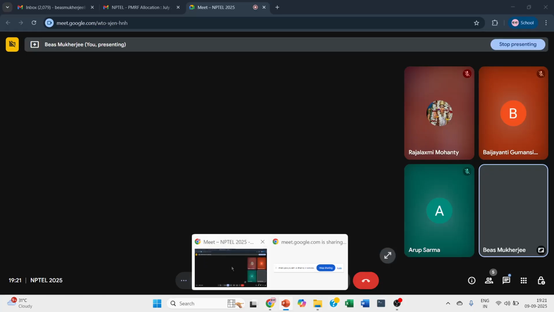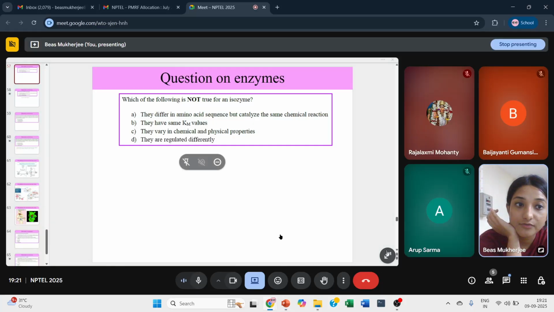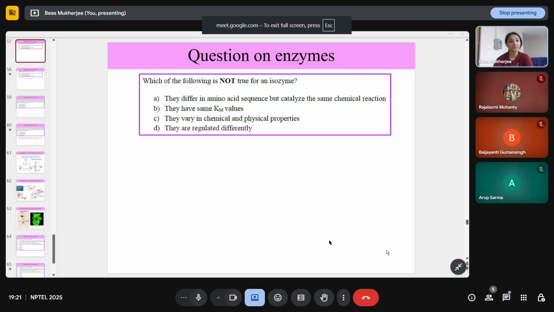Now, we have another question. Which of the following is not an isoenzyme? A. They differ in amino acid sequence but catalyze the same chemical reaction, which is a property of an isoenzyme, right? B. They have the same Km values.